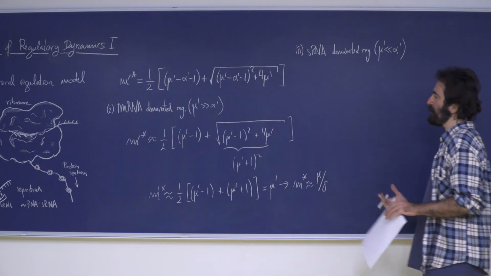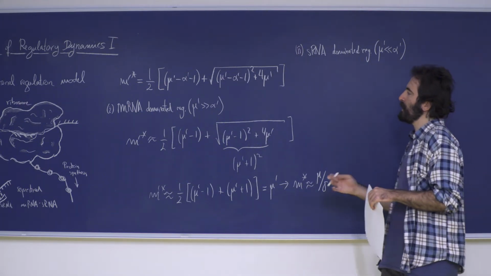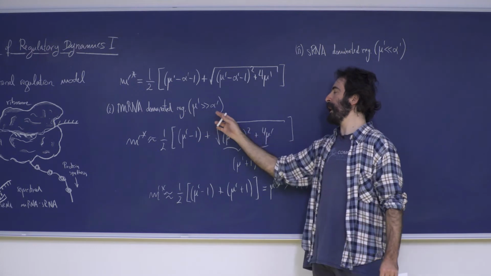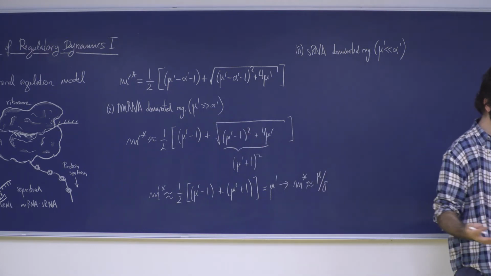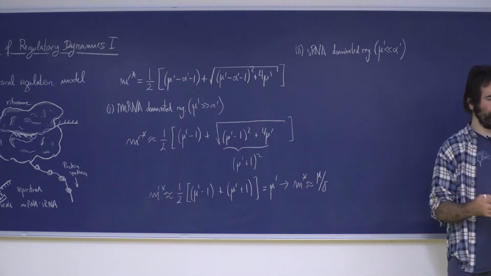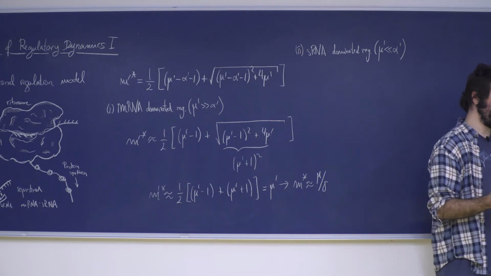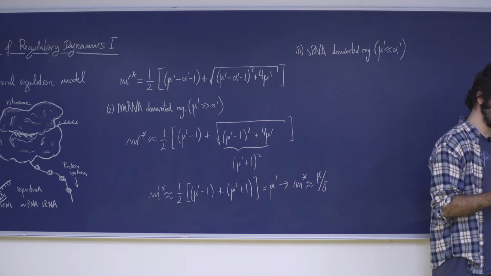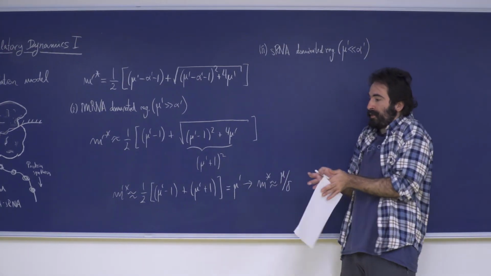And this makes a lot of sense if you think about it. You realize that if mu is much dominating alpha, then there is going to be almost none of the business regarding the sequestering of the sRNA, right? Because sRNA is produced in such small amounts, there's not going to be enough sRNA to sequester mRNA.